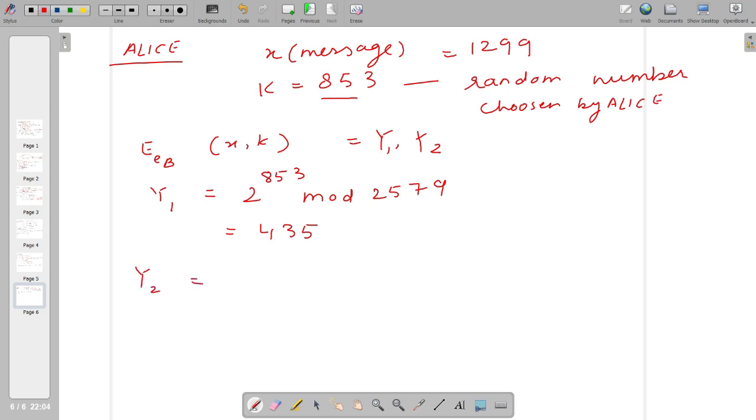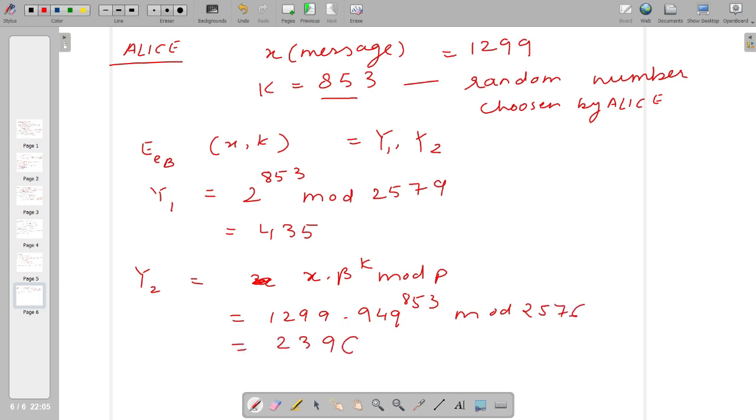Similarly, y2 is equal to x dot beta to the power k mod p. So x is equal to 1299, beta is equal to 949, k is equal to 853, mod 2579. When we calculate, it comes out to be 2396. So this ciphertext y1 comma y2 is equal to 435 comma 2396.